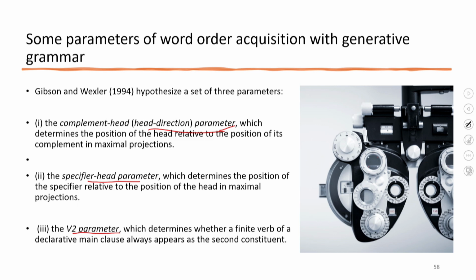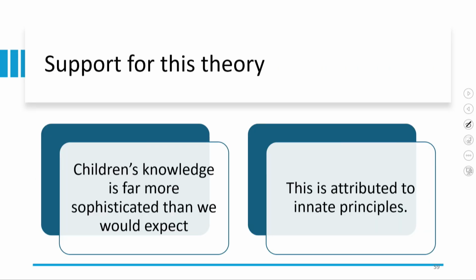The specifier head parameter determines the position of the specifier relative to the position of the head. And then you have the V2 parameter, which determines whether a finite verb of a declarative main clause always appears as the second constituent. So, depending on what language you speak, you will either need this or you will not need this.